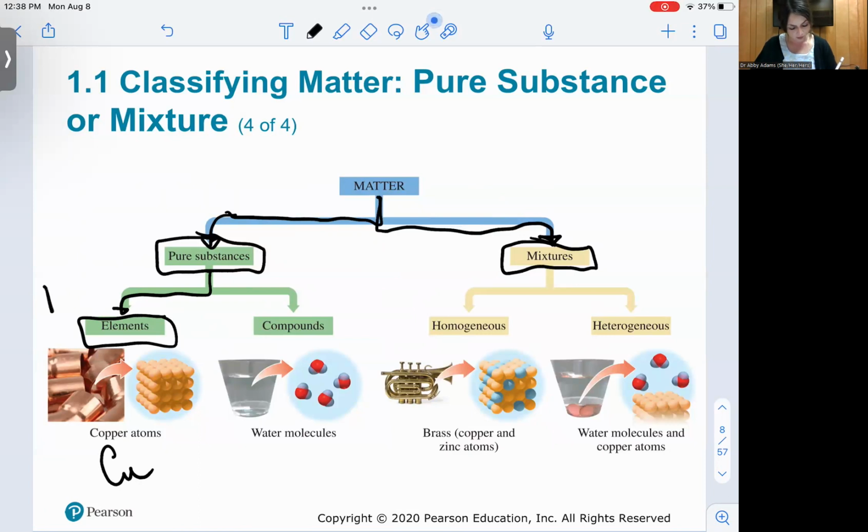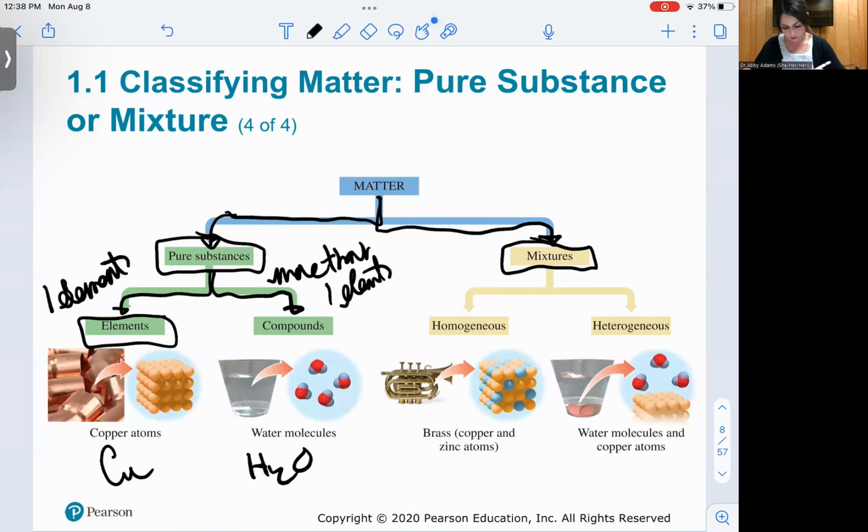Here, that's one element. We have our compounds. This is more than one element. So here we have, once again, our water molecules. And we have a mixture.